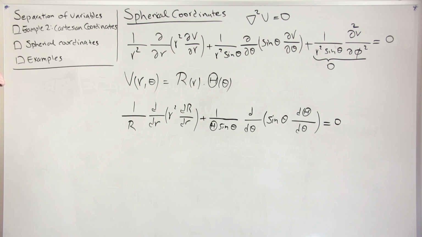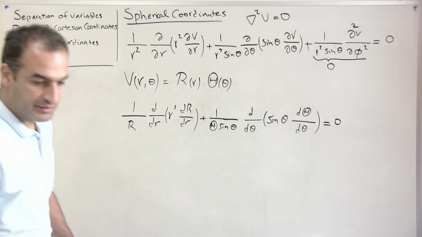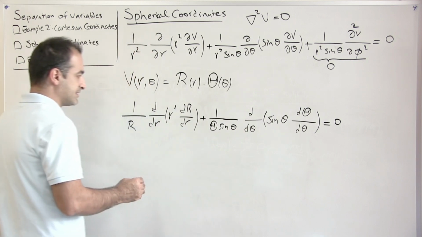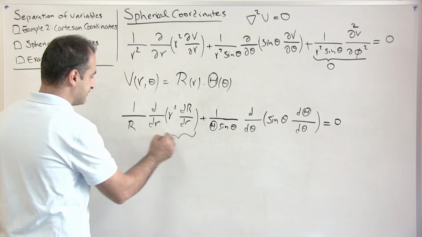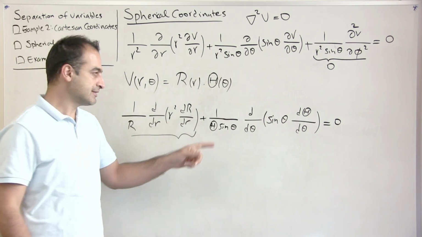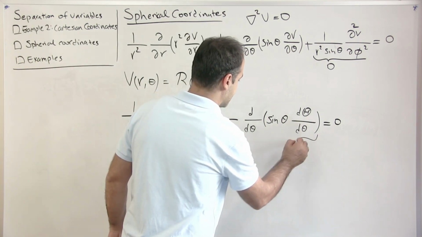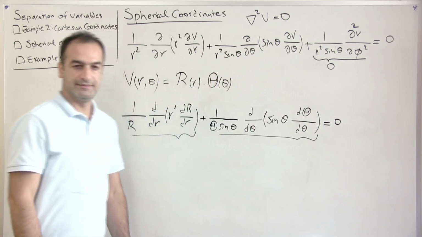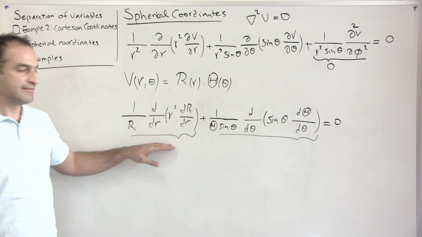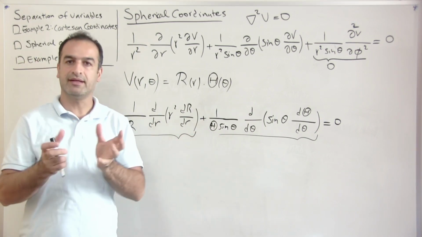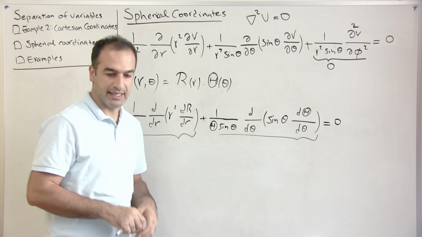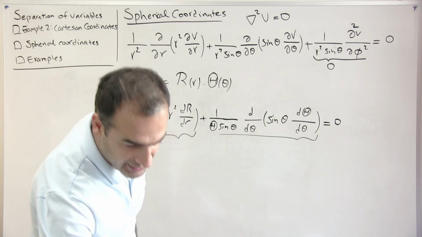It looks kind of complicated, but the concept is the same. The first term is only a function of R, and the second term is only a function of theta, so we can separate these two. Each term is equal to a constant, with the condition that the constants add up to 0.